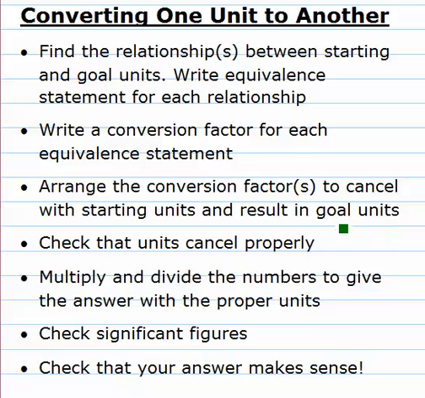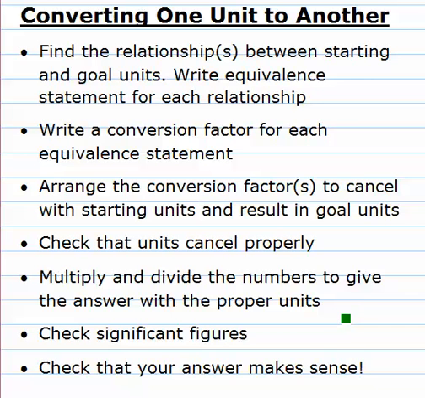Okay, we are going to check in all cases that our units are canceling properly. We will then multiply or divide as appropriate, finally checking our significant figures, and always we want to do a little reality check and make sure that our answer makes sense.